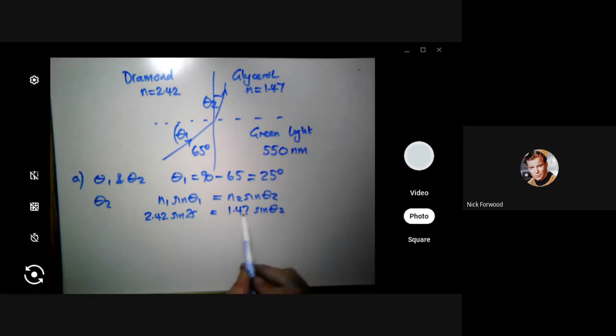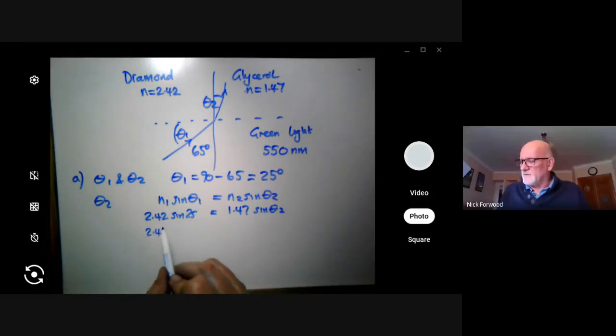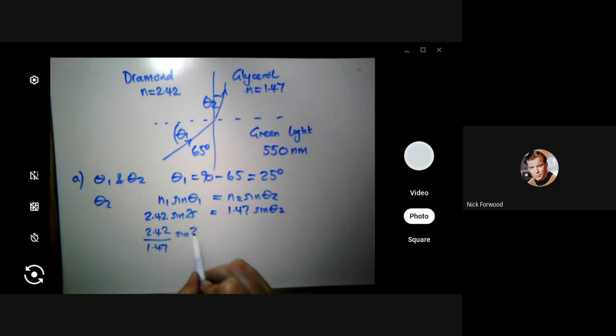I'm going to take the 1.47 down there and divide: 2.42 divided by 1.47 times sine 25 equals sine theta 2. You don't have to write down every single step in tests and exams, but I'm just showing you what's going on. It's perfectly okay to miss a step if you want.